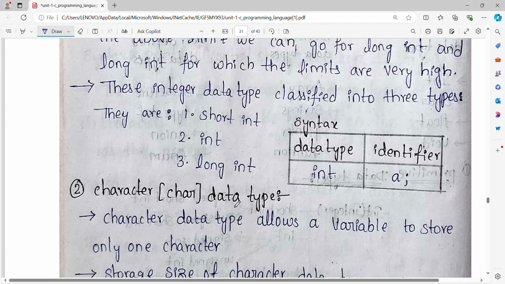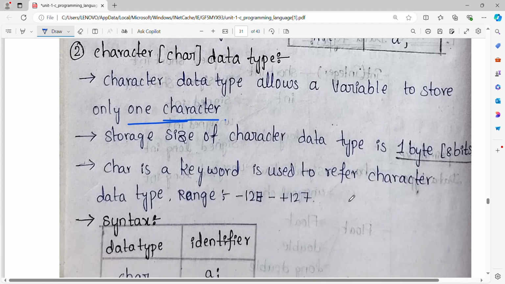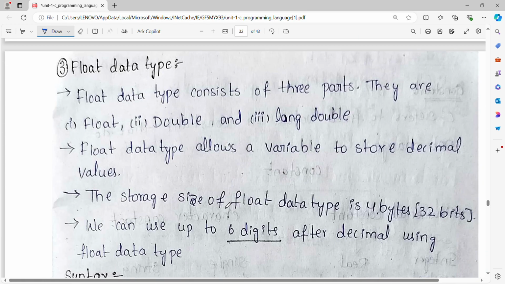Next, character. The character data type allows the variable to store only one character, any kind of alphabet. What is the size? 1 byte. Understood? Next one, float. Float consists of three parts: float, double, and long double. The float data type allows the variable to store decimal values, meaning fractional values.